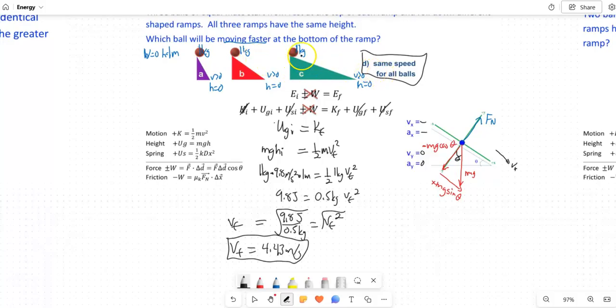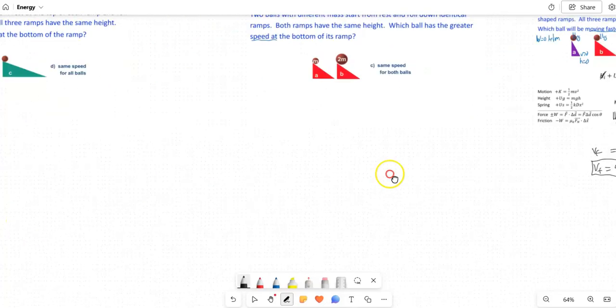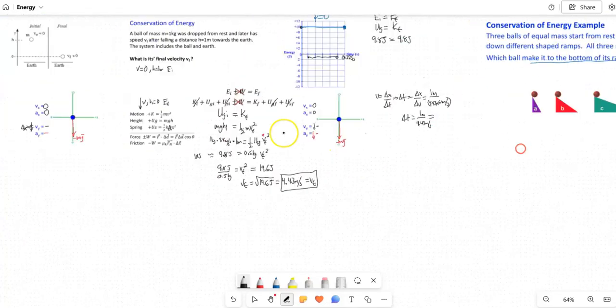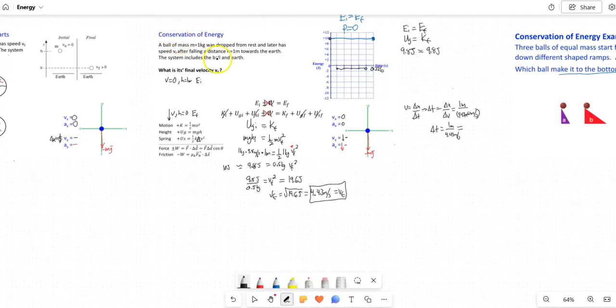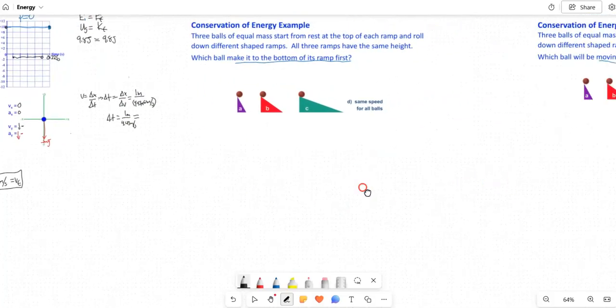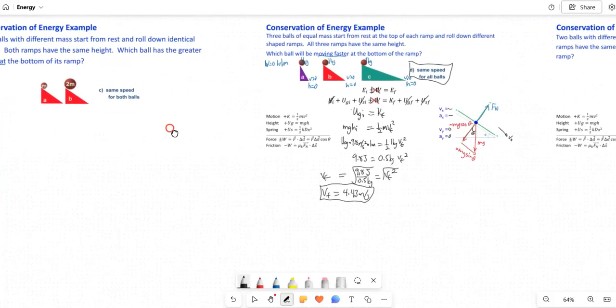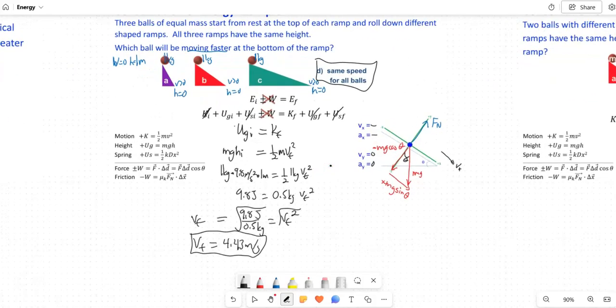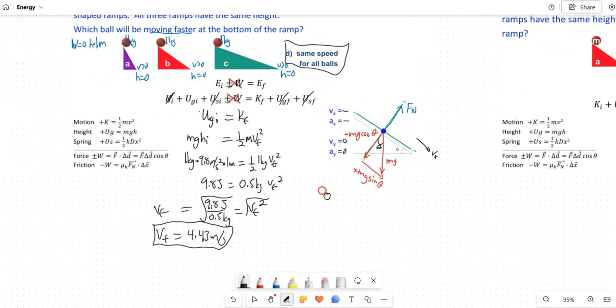And in fact, we had just learned that if they're on a ramp or if you're just dropping it from a height, 1 kilogram going straight down, it's going to be traveling the same speed. So that's weird.